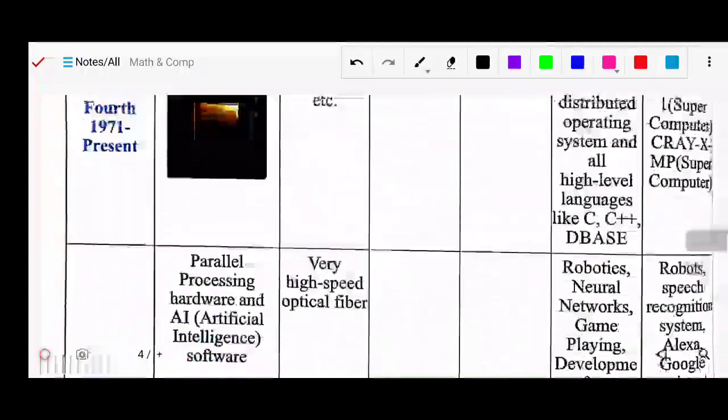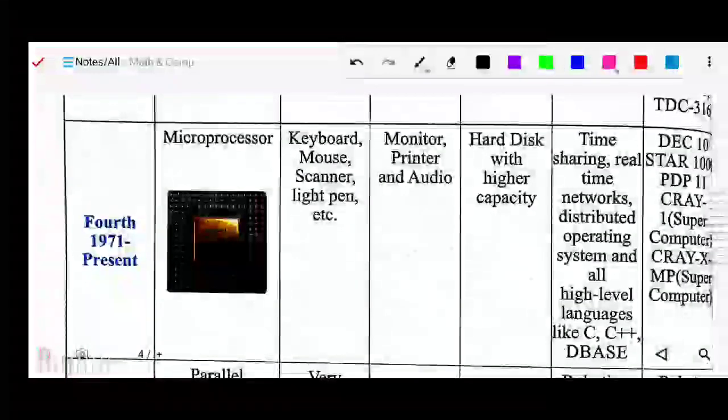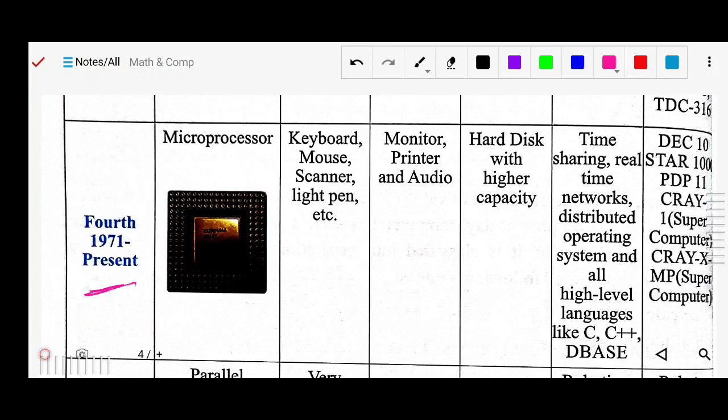Next, the fourth generation computer. It came in the year 1971 and continues to the present, and the microprocessor was used. Keyboard, scanner and light pen were the input. Monitor and printer were the output, and on the hard disk we can store the data.